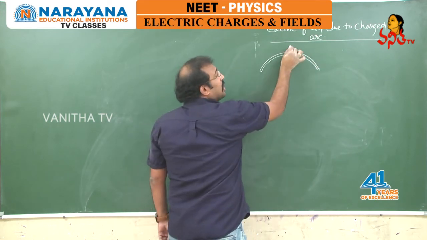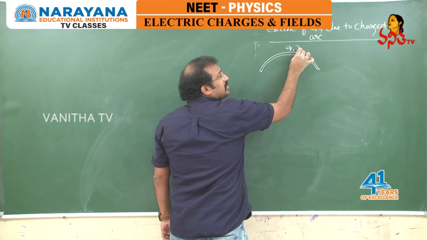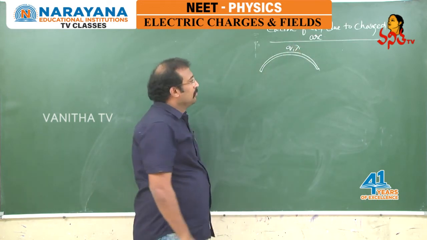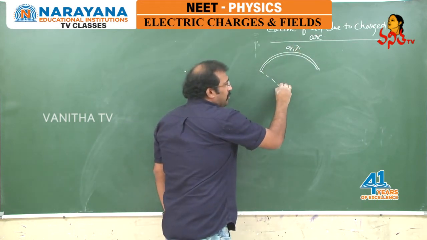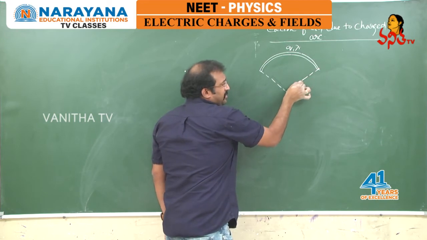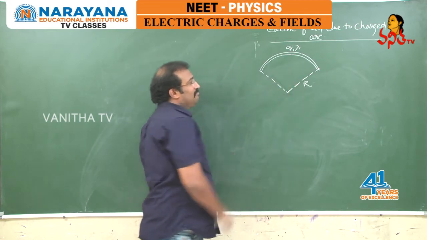Let the charge of this arc be q. Let the charge density be lambda. Let the radius of the arc be r.